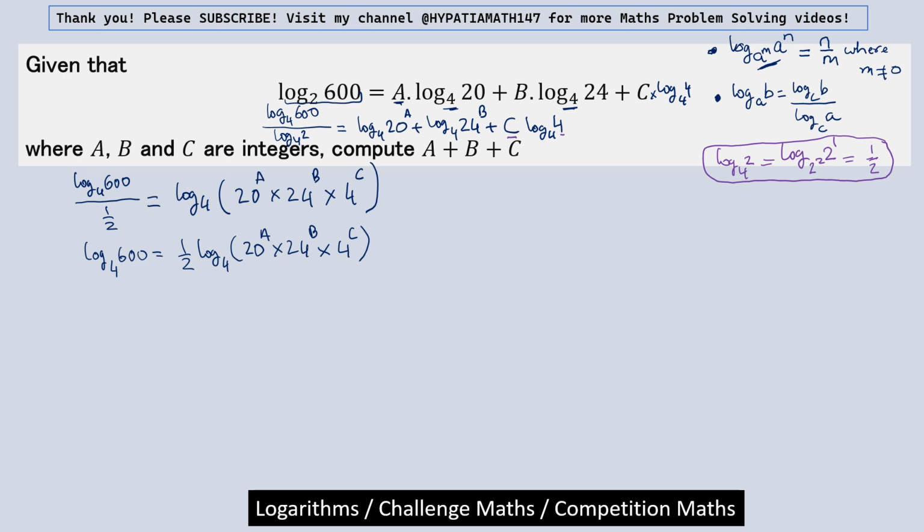Now I can write this half as a power half, so log to the base 4 of 20 to the power a times 24 to the power b times 4 to the power c, all to the power half. That would be log to the base 4 of 20 to the power a out of 2, 24 to the power b out of 2.